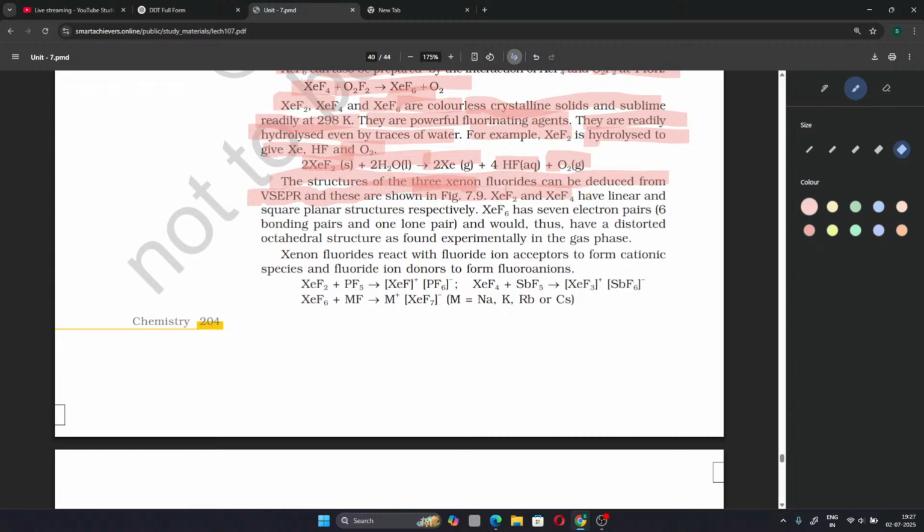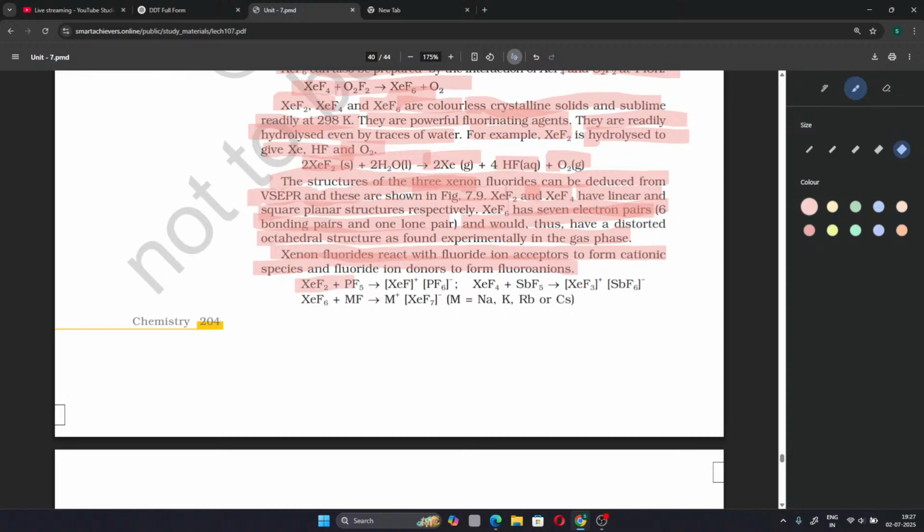XeF2 and XeF4 have linear and square planar structures respectively. XeF6 has 7 electron pairs, 6 bonding pairs and 1 lone pair, and would thus have a distorted octahedral structure, as found experimentally in the gas phase. Xenon fluorides react with fluoride ion acceptors to form cationic species and fluoride ion donors to form fluoroanions.